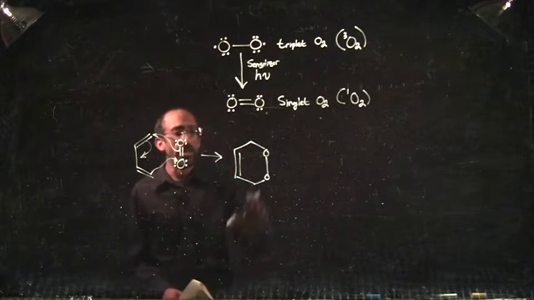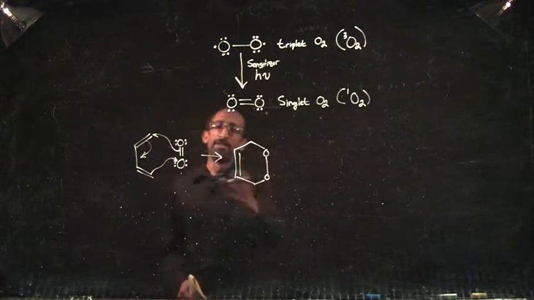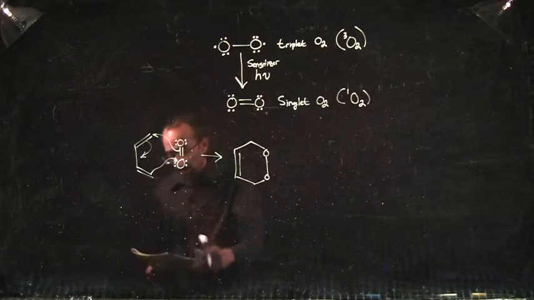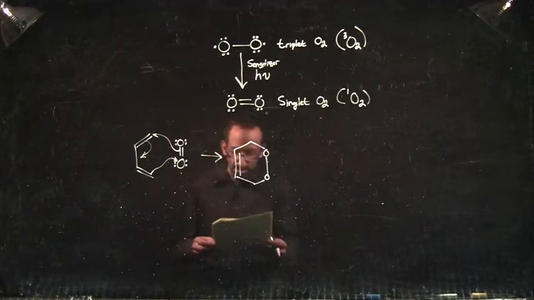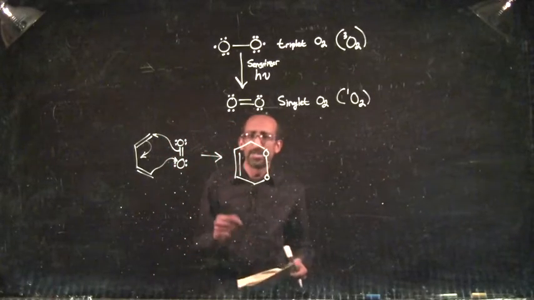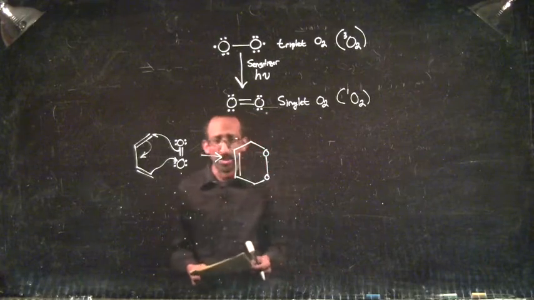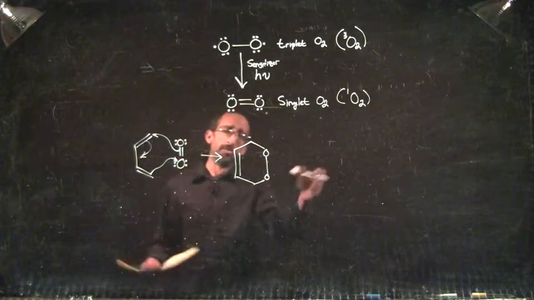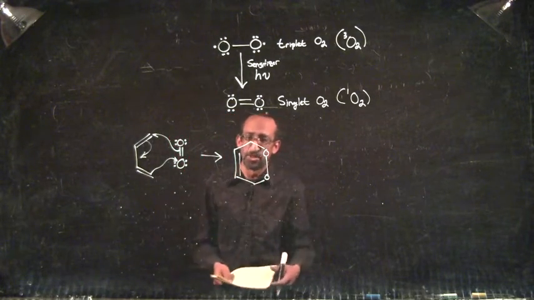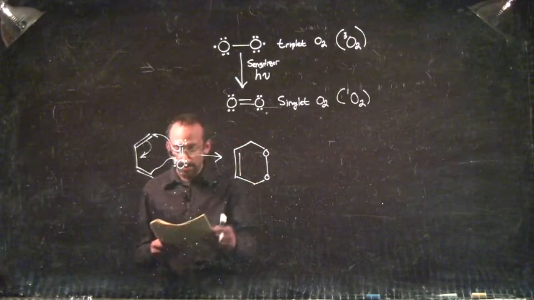This is known as an endoperoxide, but singlet oxygen can go through a Diels-Alder reaction to give us these type of peroxide type molecules, which can then be further broken down to make lots of interesting compounds.